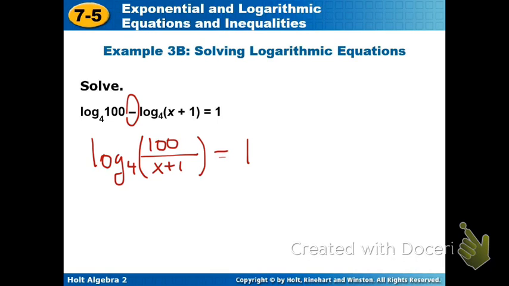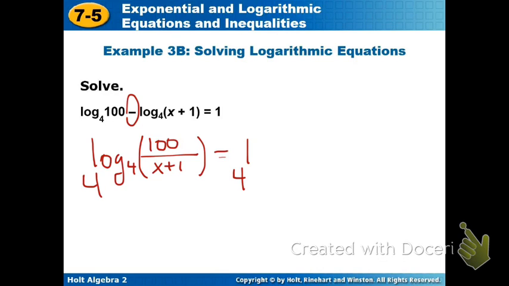The problem we had with the last one is the same now, and that is that our variable is embedded in our log base 4. So I want to get rid of my log base 4. How do I get rid of it? Add another base 4. Yeah, inverse property. So we're going to add a base 4 to both sides.